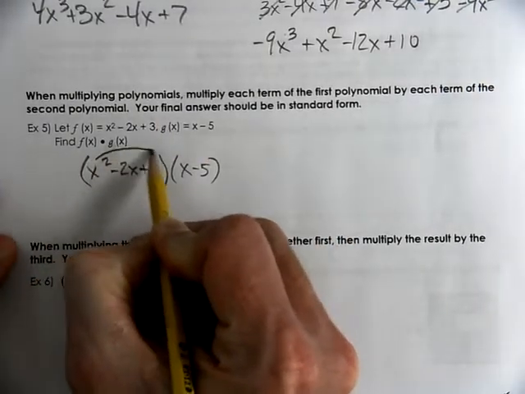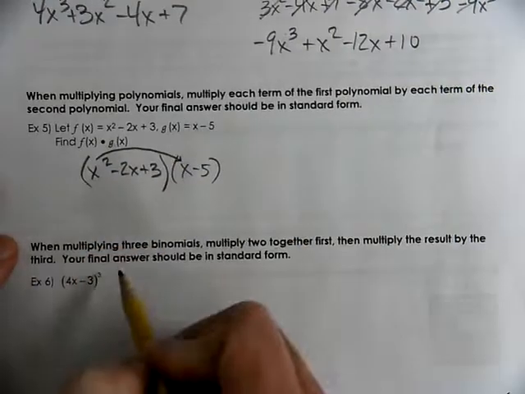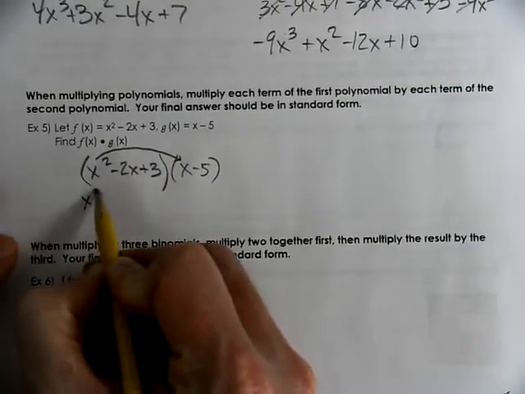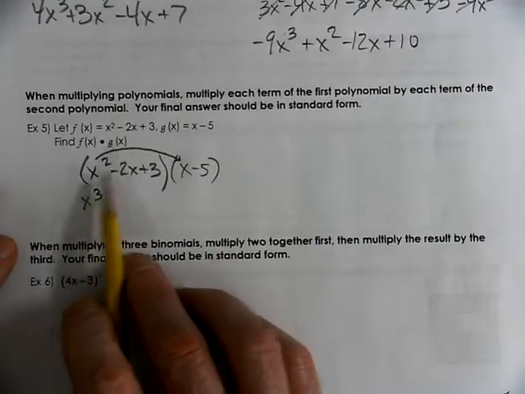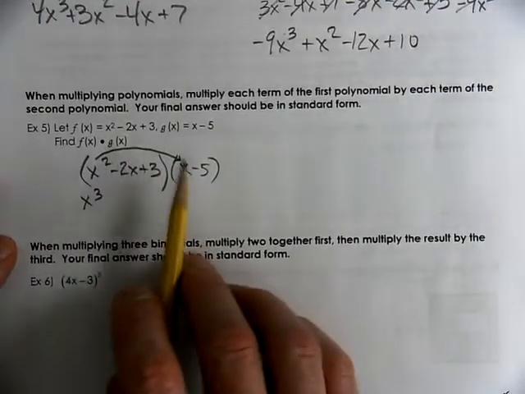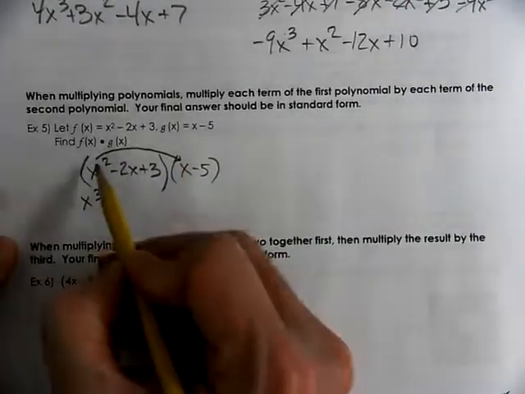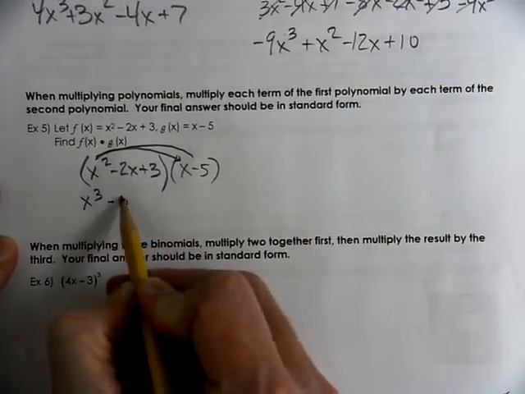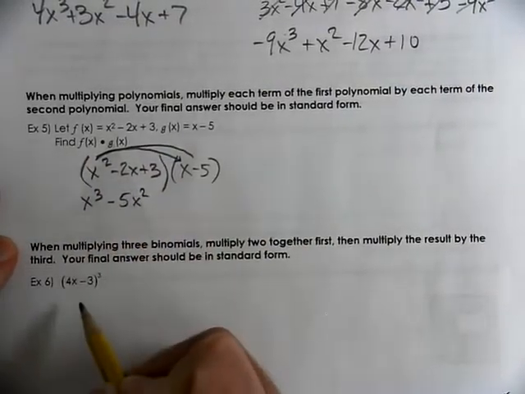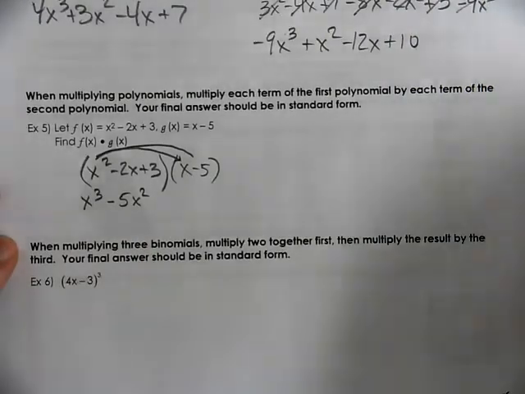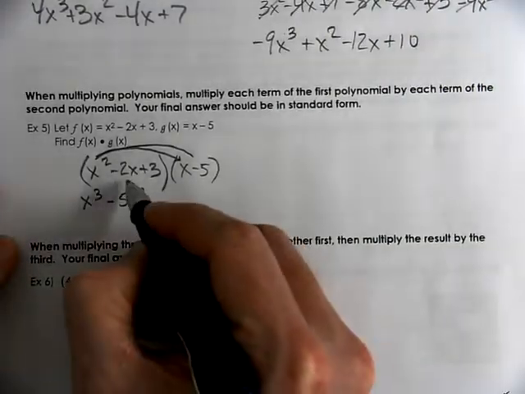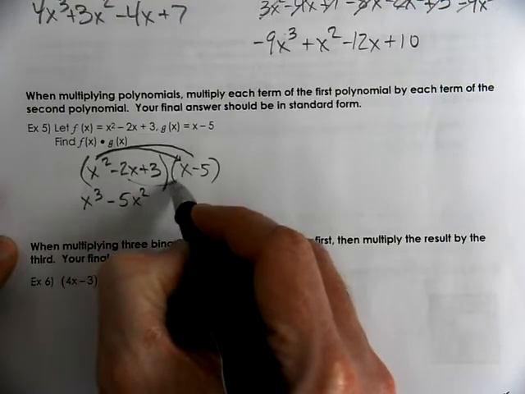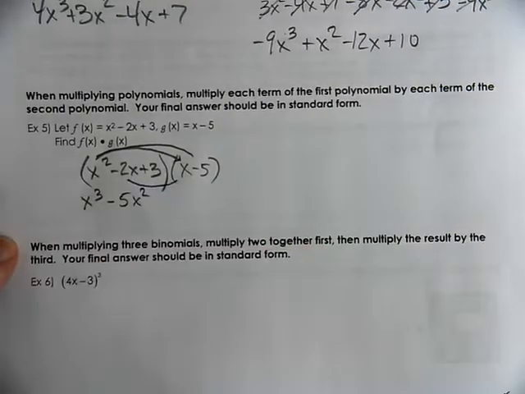We'll just take the x squared and multiply. That's going to give us an x cubed, because when you multiply x's, you add exponents. X squared times negative 5. Then we're going to take the negative 2x and multiply.